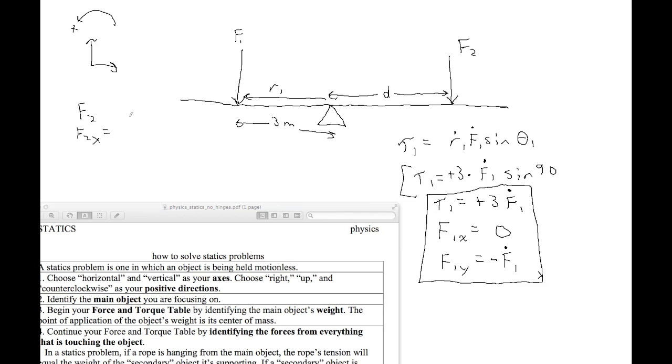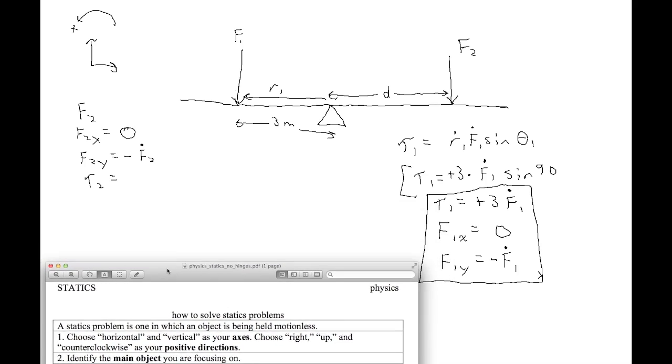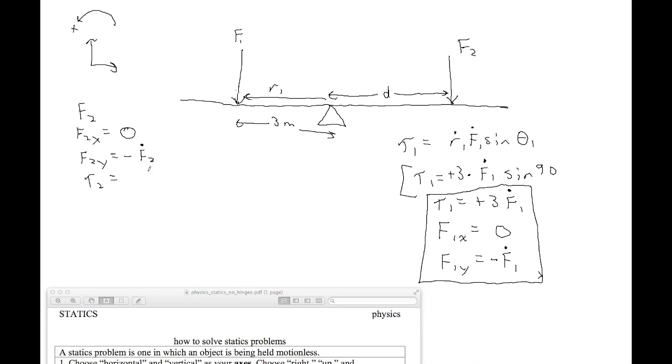That's also 0. Good. And what would be the y component for force 2? That's negative F2. And here I'll put in a dot to show this just stands for the magnitude, and we put in the sign. And what would be the torque for force 2? The torque of F2 would be F2 times D.